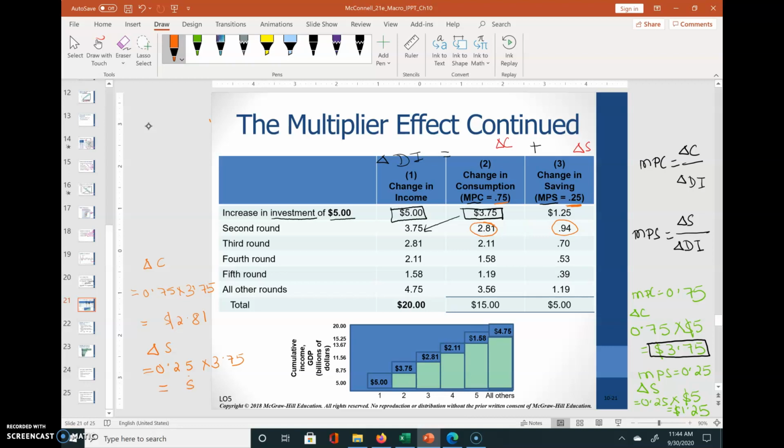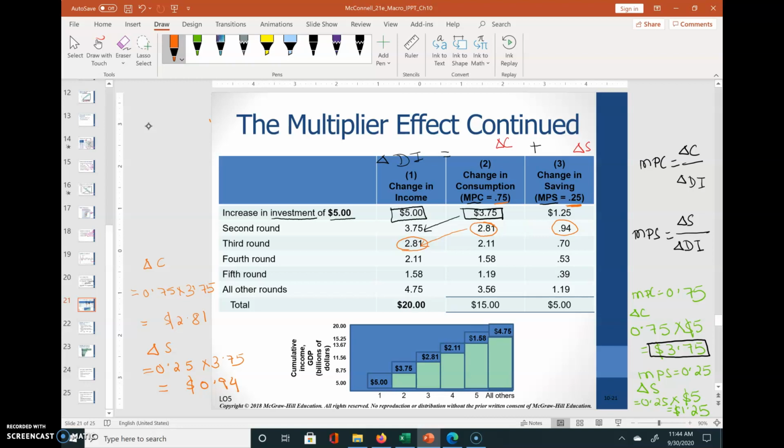So this will be equal to 0.94. Then this 2.81 change in consumption in step 2 goes to step 3 as change in income, and this process continues.